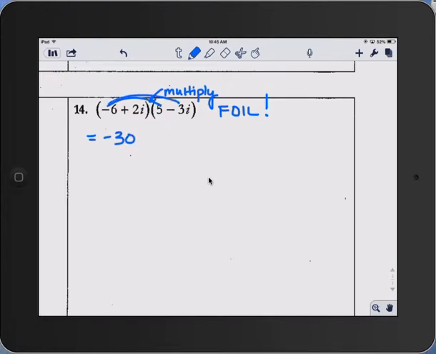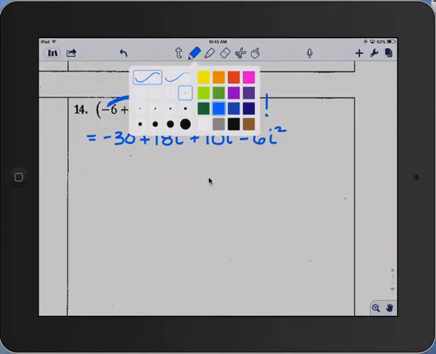Negative 6 times negative 3i is positive 18i. Inner is 2i times 5, which is 10i. And last is 2i times negative 3i, which is negative 6i squared.